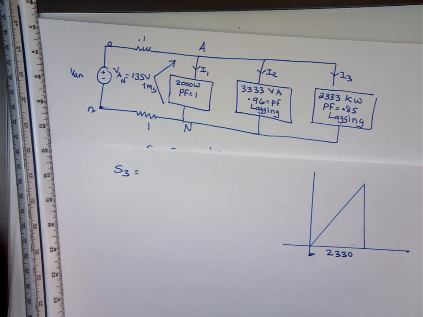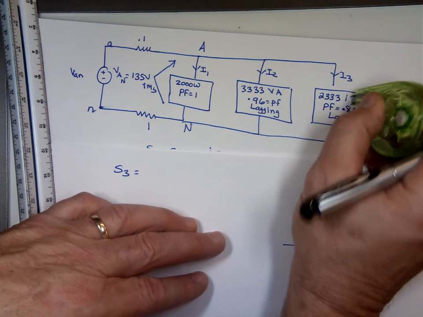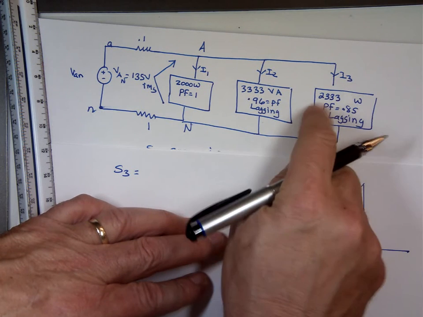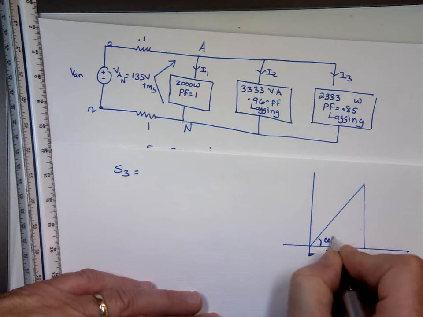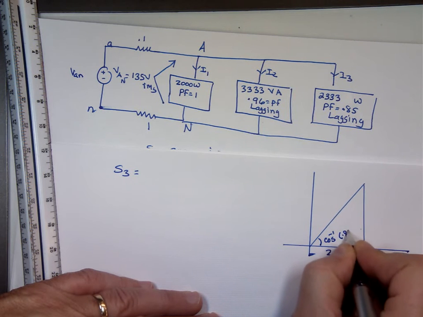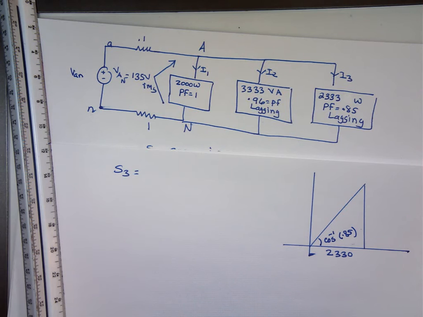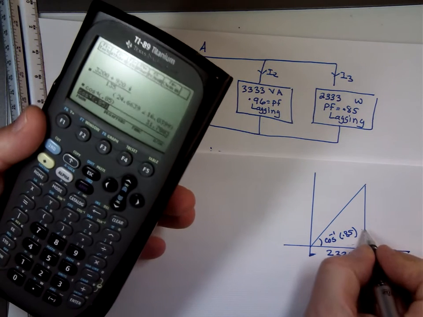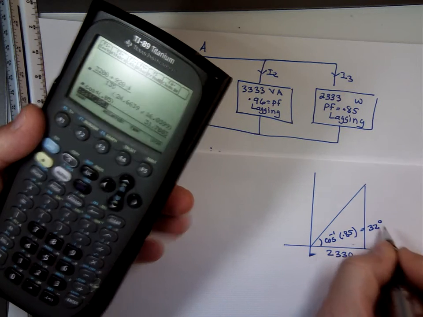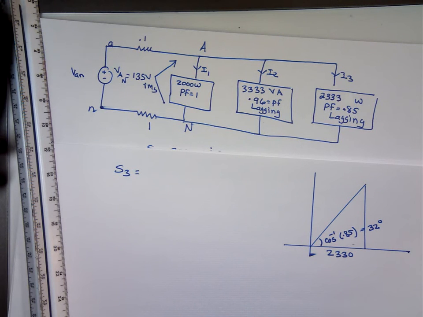There's no kilo; I already converted it to watts here. It was 2.3 kilowatts, so roughly 2330 watts. We know this angle is the inverse cosine of 0.85, and it's lagging, so it's positive. Inverse cosine 0.85 is almost 32 degrees, 31.778.